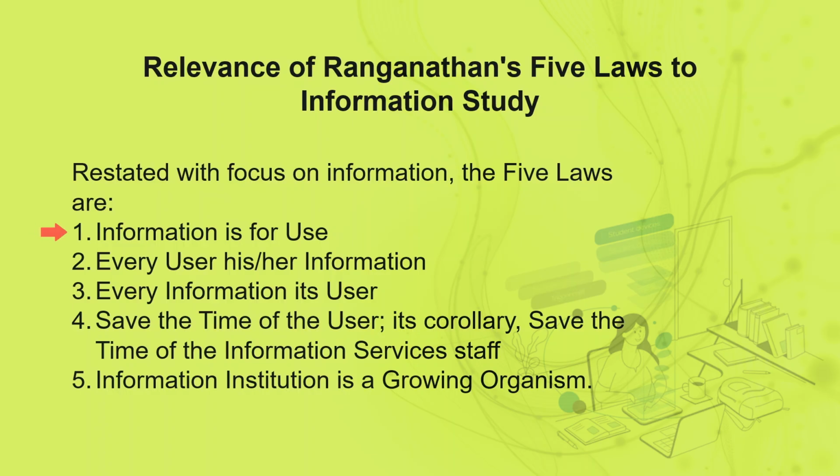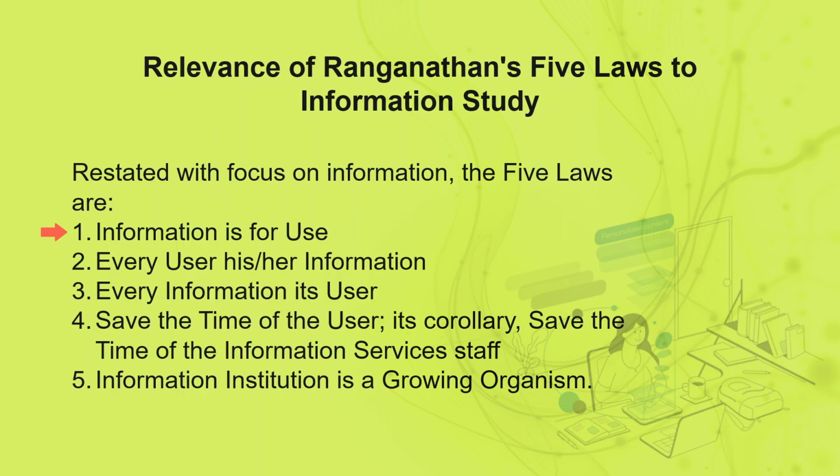The first law, information is for use, stresses the value of information in its use. Information pervades every human activity. It is important to reiterate that information has value only in its use.